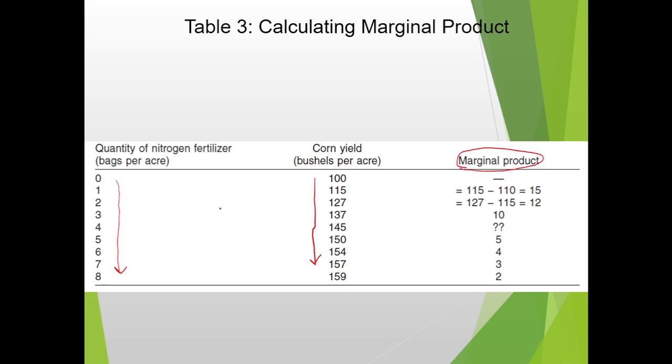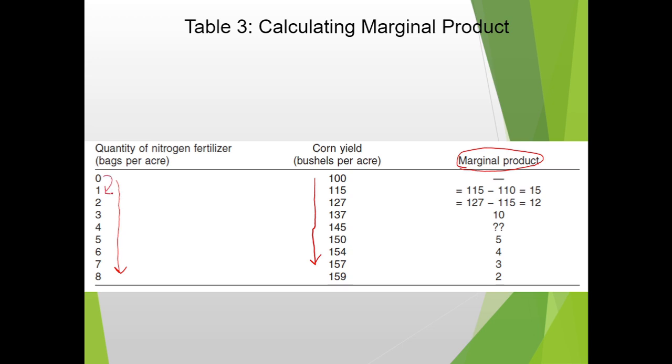What is marginal product? The marginal product is the increase in total production by using one additional bag of nitrogen fertilizer. So we can say over here that the quantity of nitrogen fertilizer increased from 0 to 1.